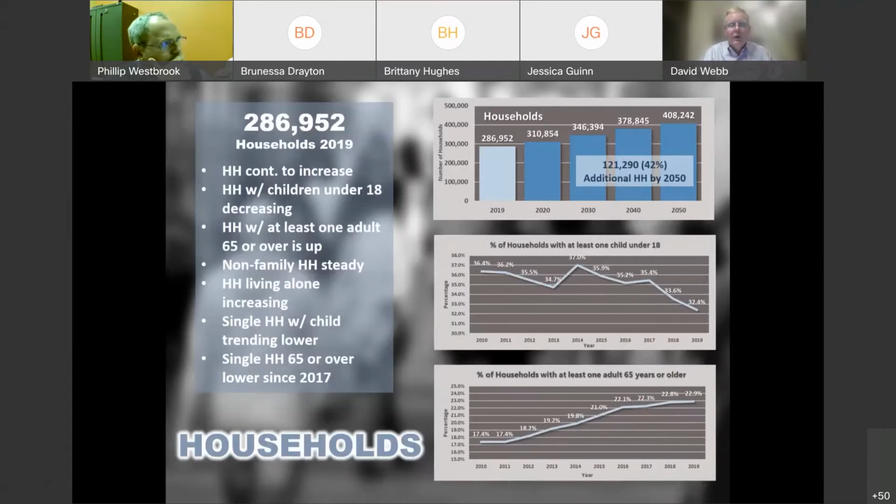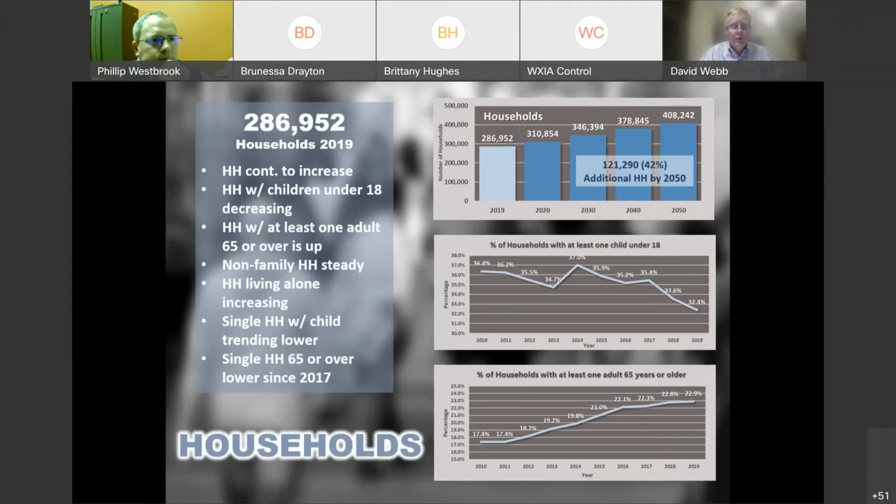Our best data on households came from the 2019 American Community Survey, which is 286,952 households. We continue to see an increase in households as we continue to see an increase in population. Households that have children under 18, we are seeing a decrease, with one adult 65 and up is increasing. So it's no secret that our population overall is growing older and not younger.